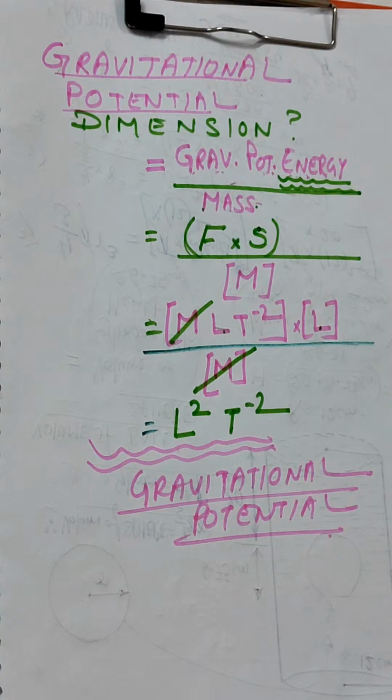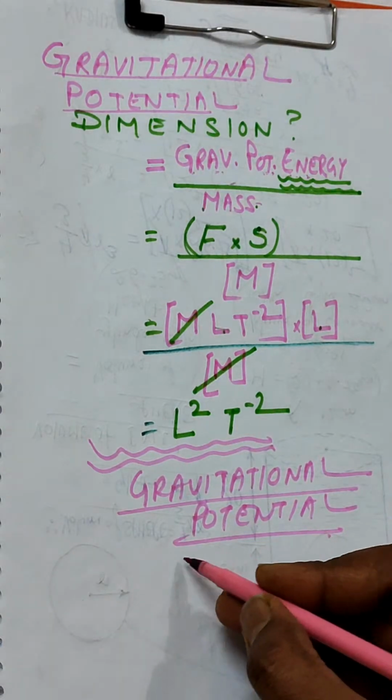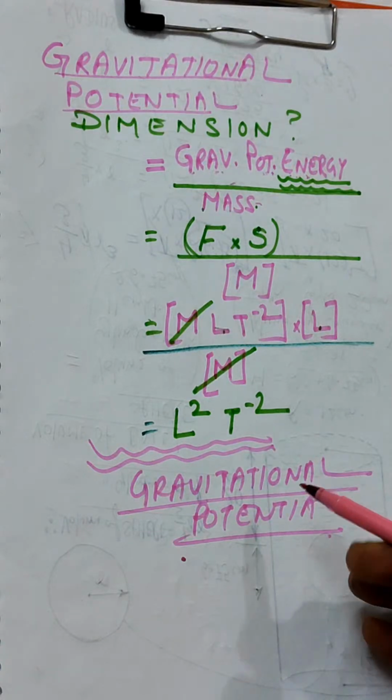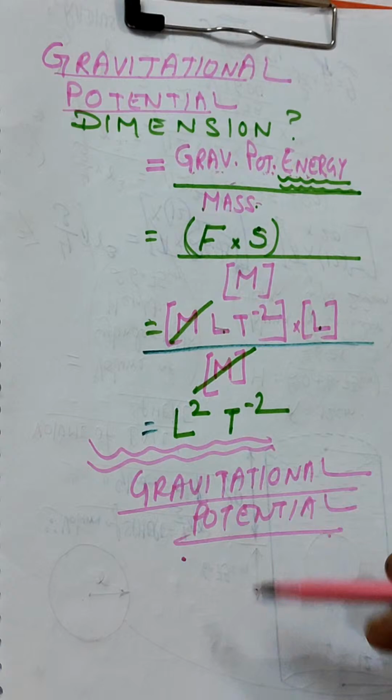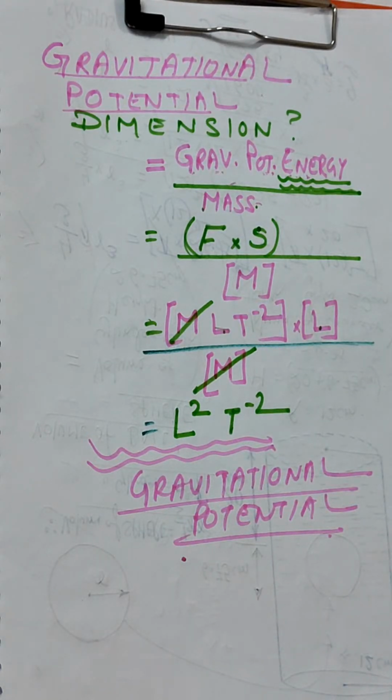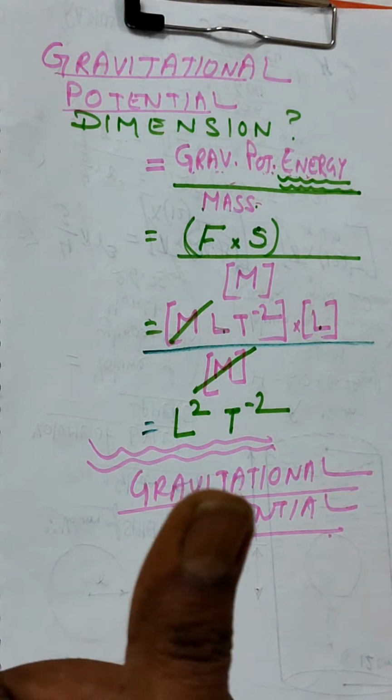Just go with the definition first, and along with the definition we can derive the unit and dimensions of that particular physical quantity. So with this derivation of the gravitational potential energy dimensions, we can wind up today's session.